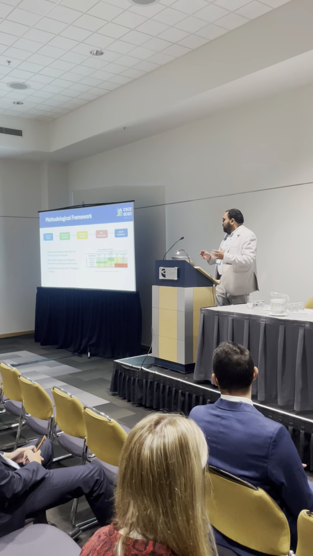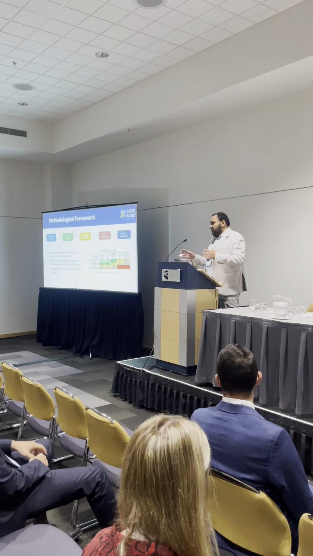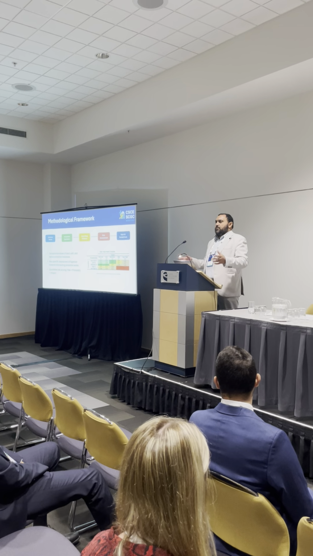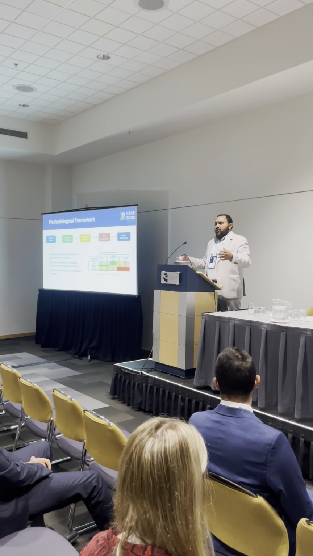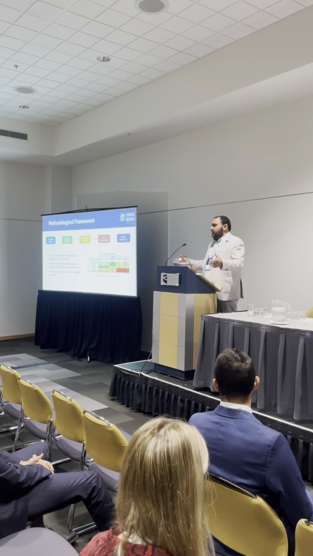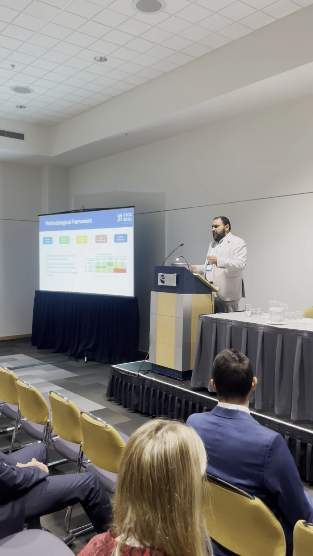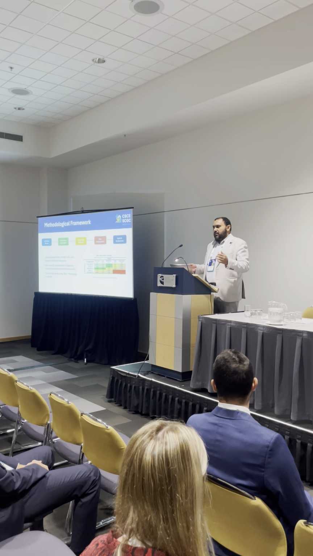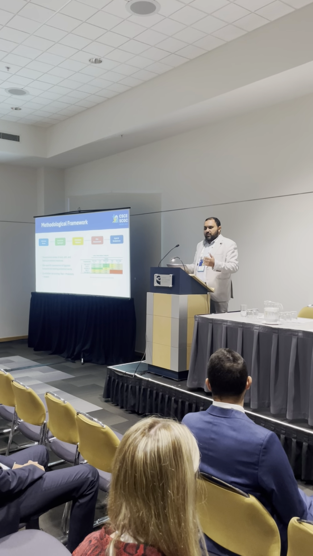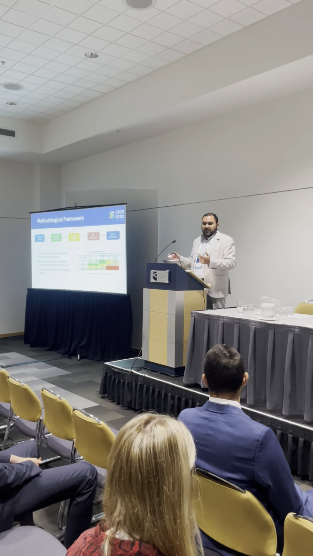So we are analyzing what's the actual situation in each coastal area, coastal governorate in Egypt. Egypt is very unique in the fact that we have two coastal lines, one on the Mediterranean Sea and the other on the Red Sea.